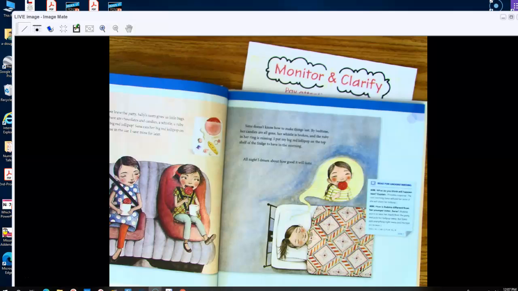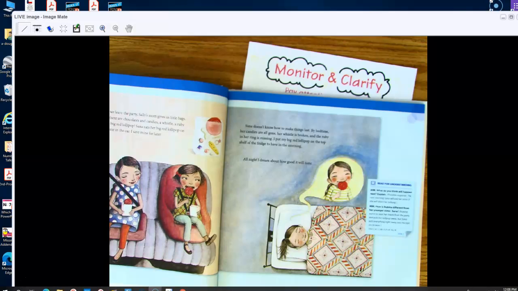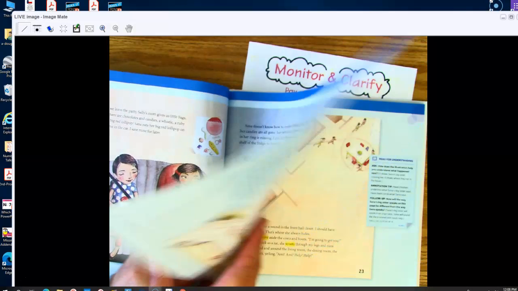How did they act differently just now? Her little sister ate all her candies. And Rubina did what? She did not. Yes. One ate through the candies and broke their toys and already used everything up. But Rubina, the older one, did not do that. Okay, let's turn the page.